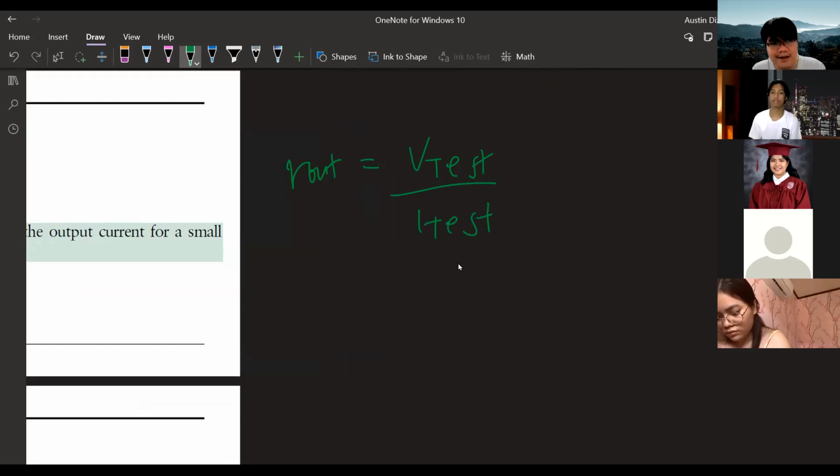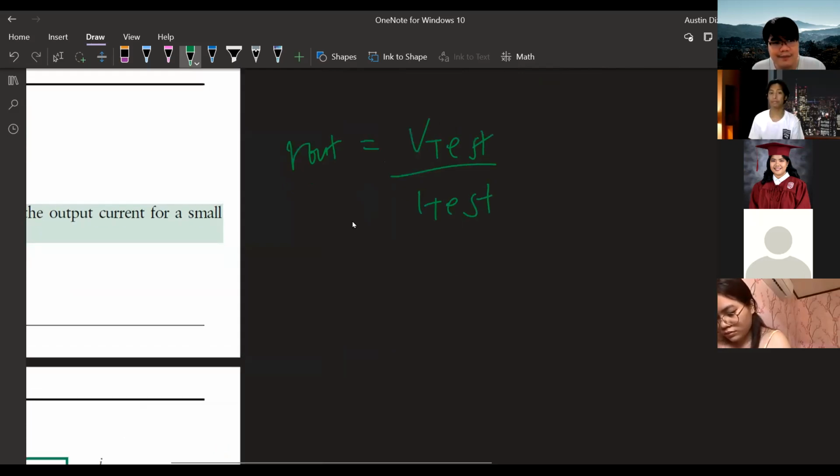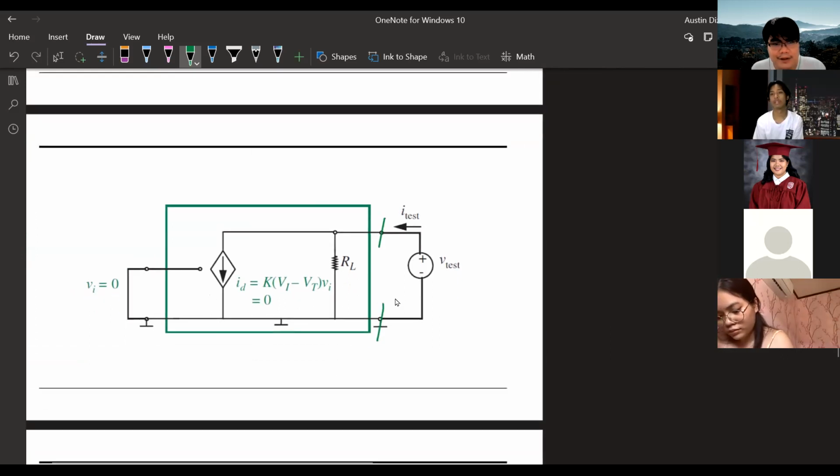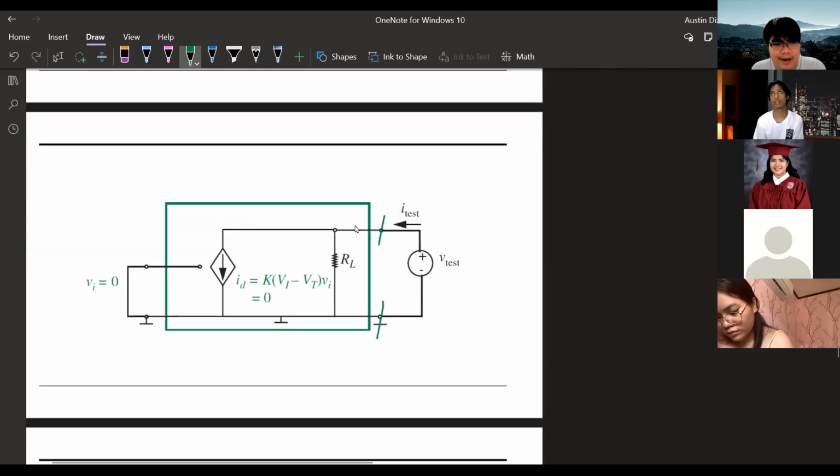Okay, so magka-testing ka sa output terminals mo. So from here, naglagay tayo ng source na testing lang natin, kung ano ba yung output resistance here. Okay, so V test over I test. Yung kung dito rin yung output mo, di ba? Same wire lang yan.